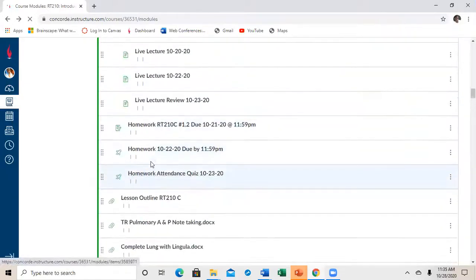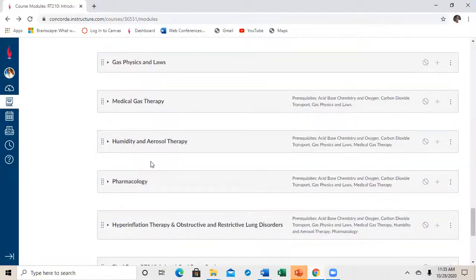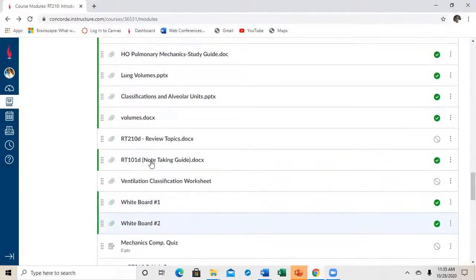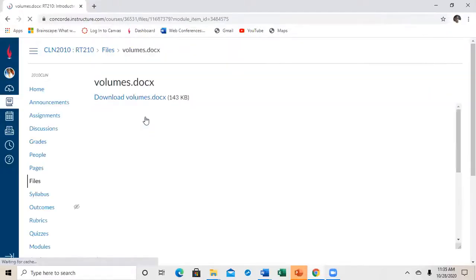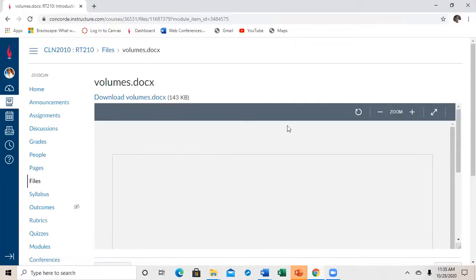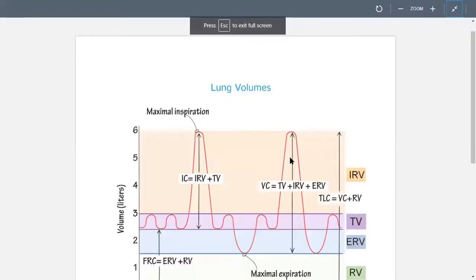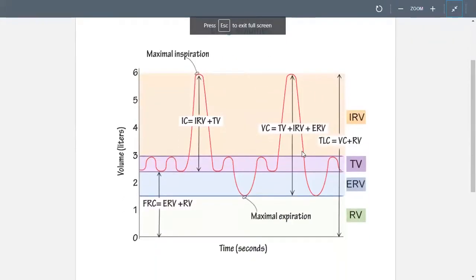The lung volumes document. Yeah, the volumes document. It has all your stuff right here. So study that. Showing you the tidal volume, the inspiratory capacity, the IRV, ERV, FRC, all of those things there.